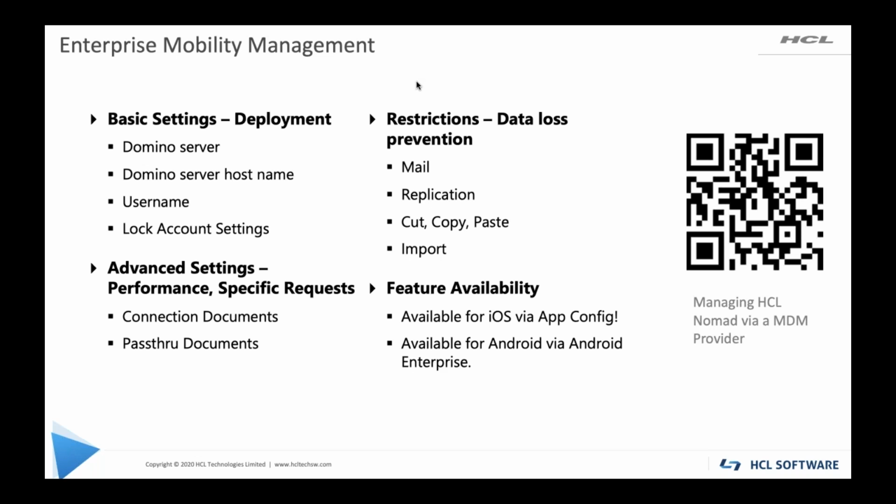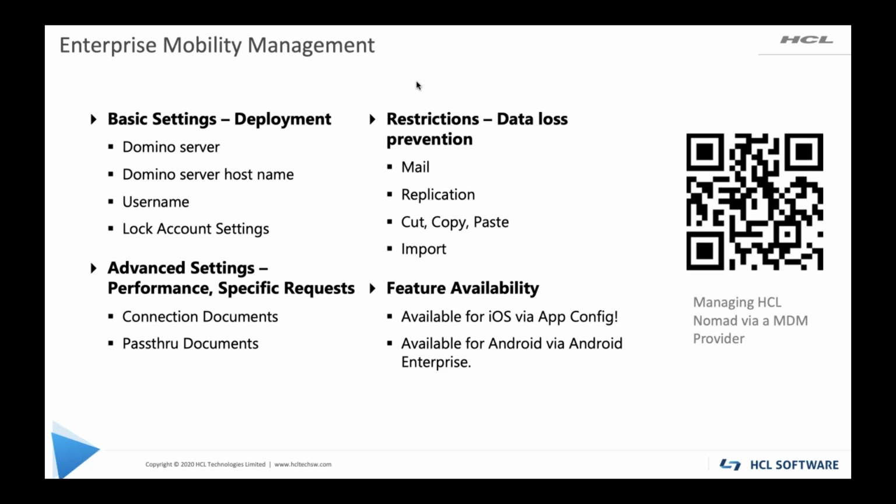One nice tip that I would like to talk about here is setting the basic deployment settings. If you're an admin, you can configure the basic settings for your end user so that the Domino server host name and the username are already pre-filled for the user when they first open Nomad once it's been deployed to the device.